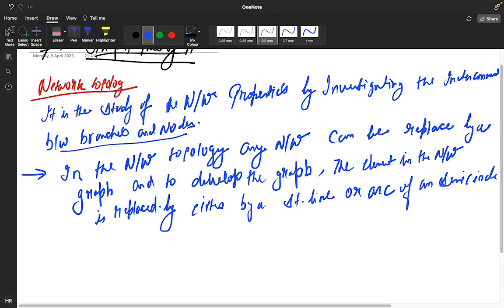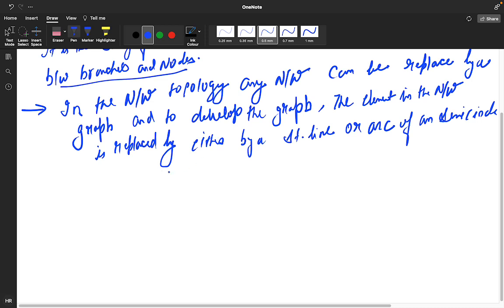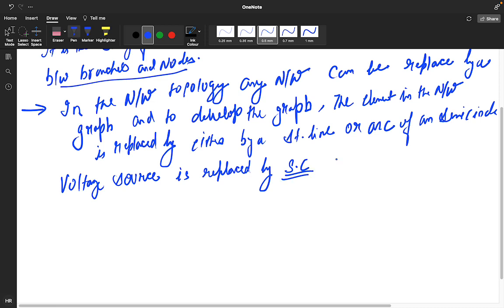Okay, so if a voltage source is placed, how can we replace the voltage source element? A voltage source is replaced by a short circuit. Okay, what about the current source? A current source will be replaced by an open circuit.